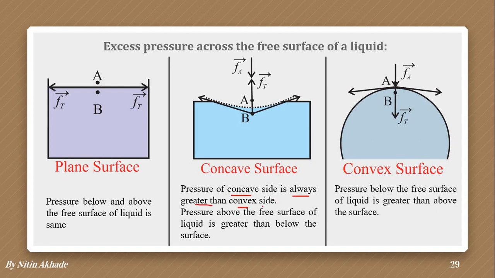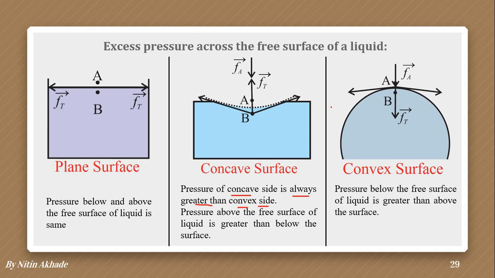Keep in mind this statement: the pressure on the concave side is always greater than on the convex side. From the diagram we can conclude that FA is greater than FT, therefore PA is also greater than PT, that is, the pressure just above the free surface of a liquid has a larger magnitude as compared to the pressure just below the free surface of the liquid.